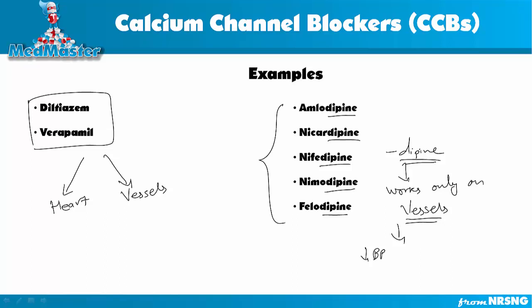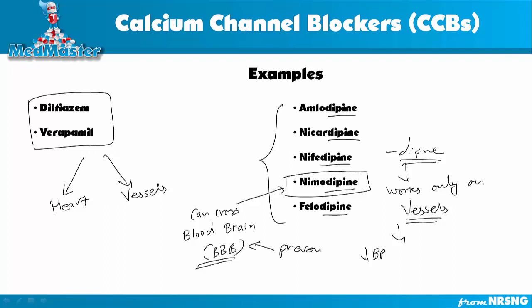And an especially interesting thing to know is that nimodipine can cross the blood brain barrier, also called the BBB, and that is the reason we can use only this medication to prevent vasospasm in the brain.